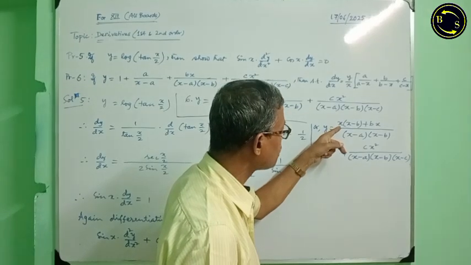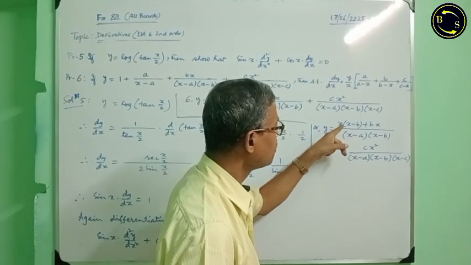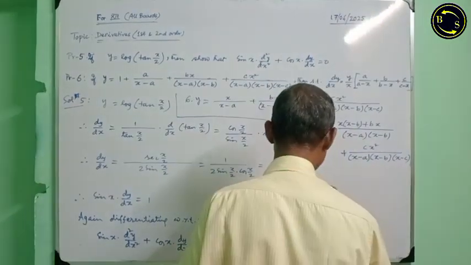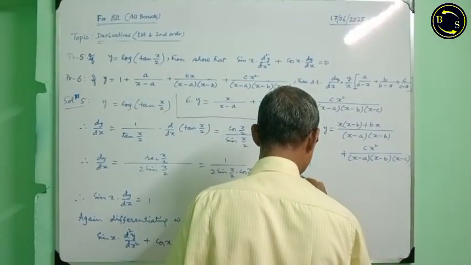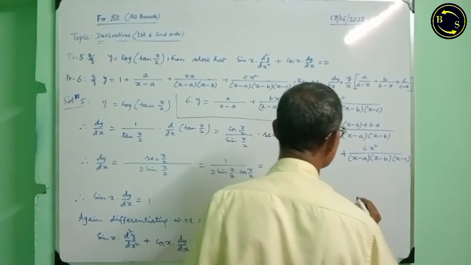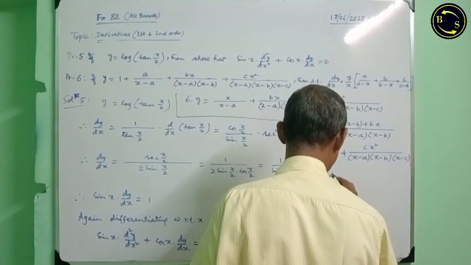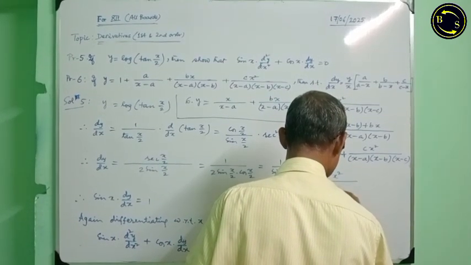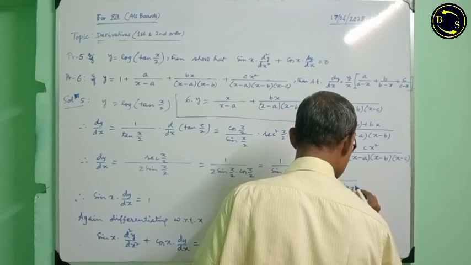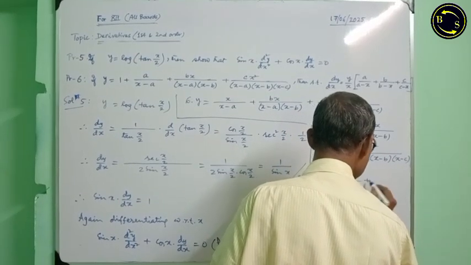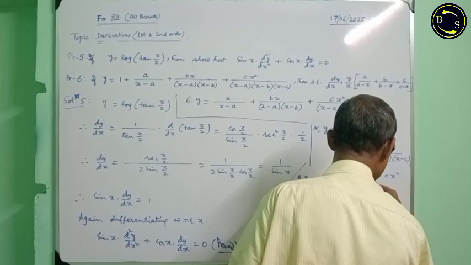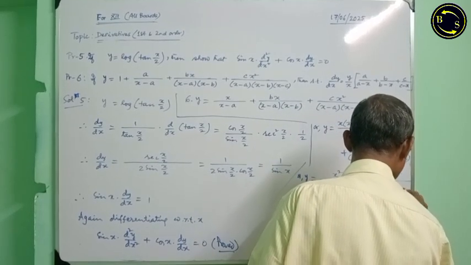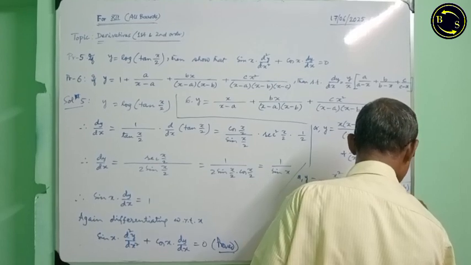Now, if we multiply x minus b by x, product will be x square minus bx, bx will be cancelled, or y is equal to x square by x minus a into x minus b plus cx square by x minus a, x minus b, x minus c.